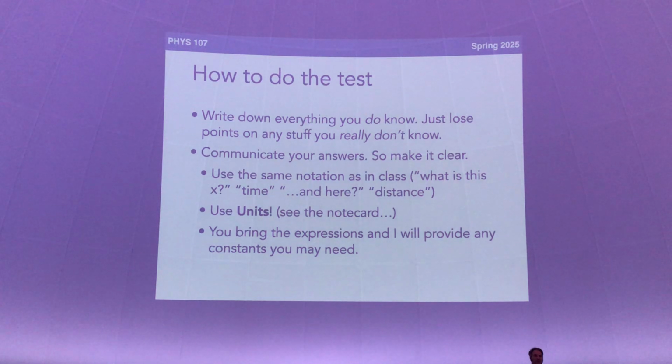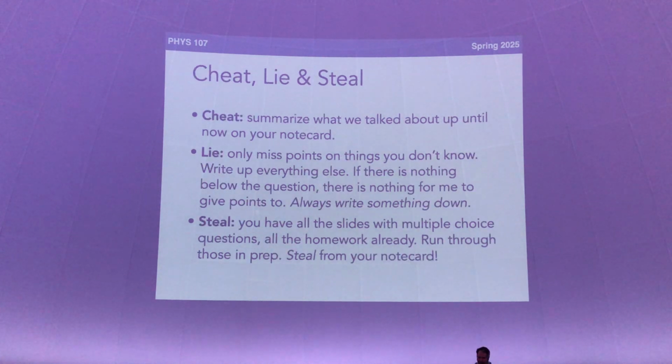I actually had this conversation with somebody. Please tell me what things are, and stick to the convention. And then use the unit. If it has a unit between the square brackets, that is the unit. If it's one of those weird astronomy ones, use that unit when you do the calculation. I'll bring the expressions, and I'll provide any constants as well.